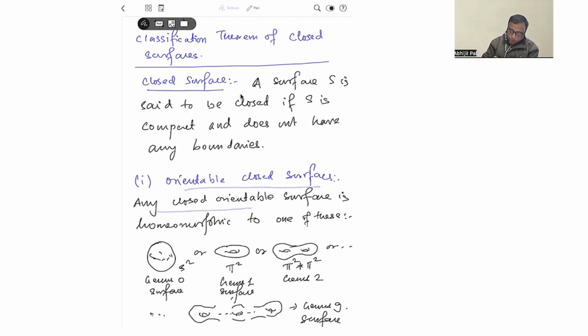Any closed orientable surface is homeomorphic to one of these: either a sphere, meaning genus 0 surface, a torus, genus 1 surface, genus 2 meaning torus connected sum torus, and so on, it can be a genus g surface. So this is the classification of orientable closed surfaces.